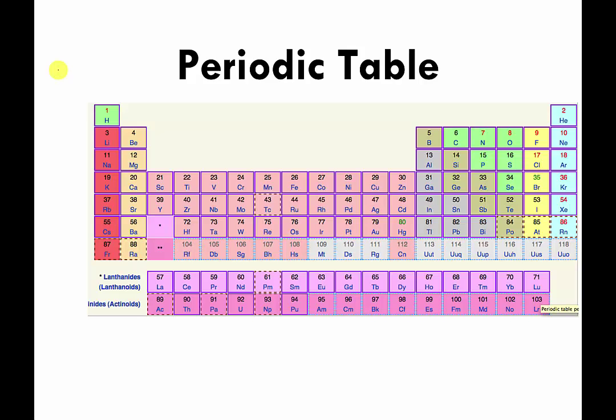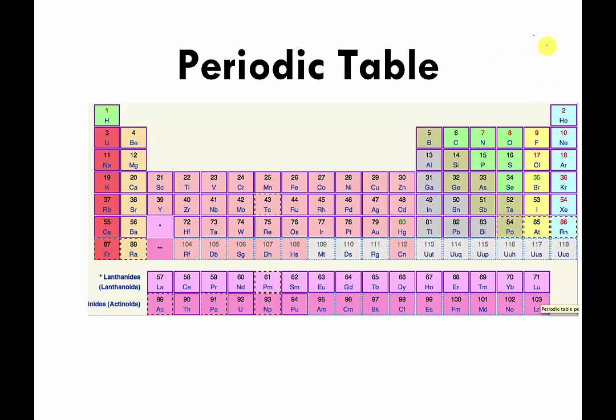Each box represents one particular type of atom. This box that I'm circling has a capital letter H, which means it gives information about the atom called hydrogen. This box over here has the capital H and a lowercase e, so that gives you information about an element called helium, and so on.